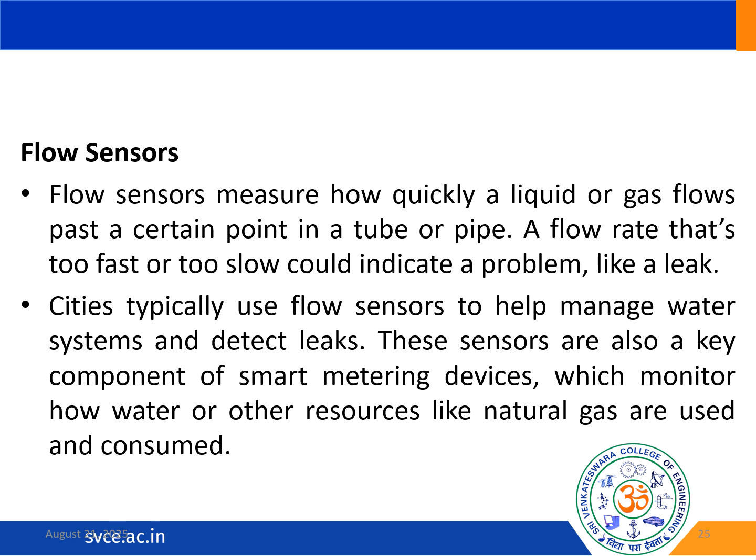So this can be used in urban infrastructure. These sensors are essential for managing water distribution networks, and they can also detect anomalies. They are also embedded in smart metering systems to track the consumption of utilities such as water and natural gas, enabling precise billing, conservation efforts, and predictive maintenance.